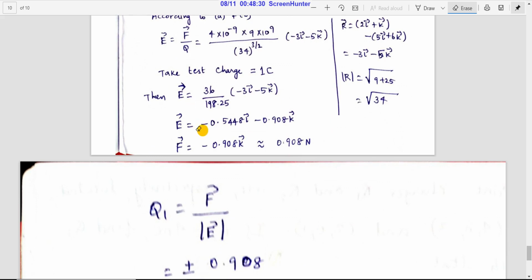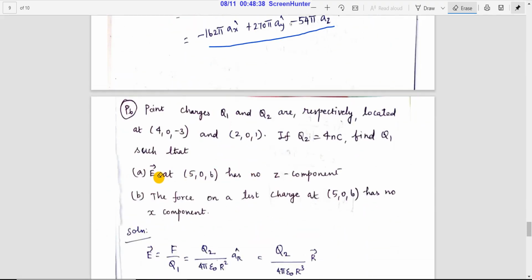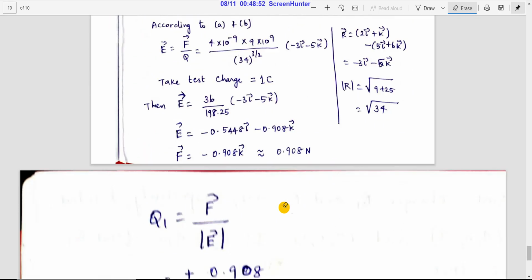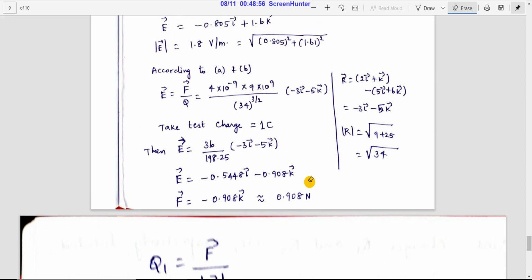So if you take the electric field at this point, because both points are only equal, we need to find out the electric field at 5, 0, 6. Force is also at 5, 0, 6, but whenever we are finding out the test force, we need to consider the test charges. So the electric field has the value like this.